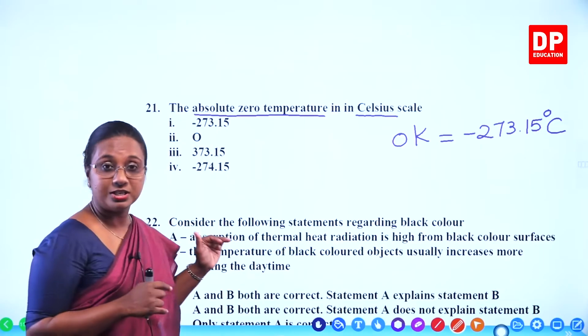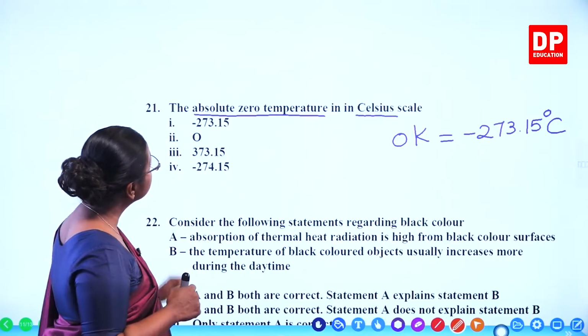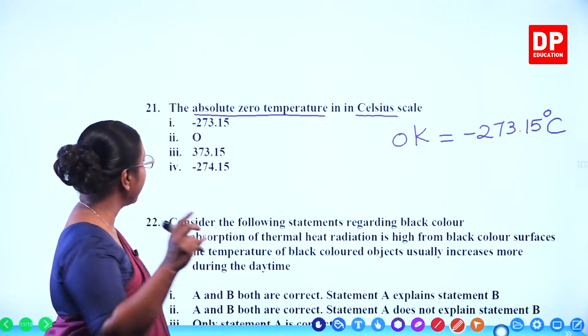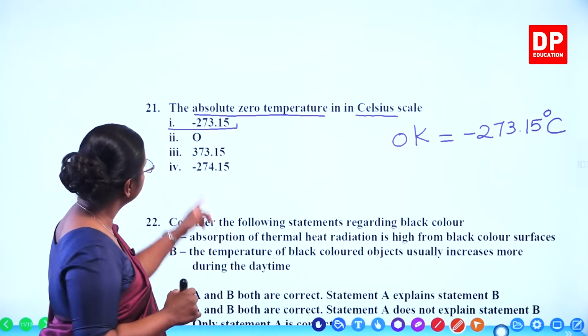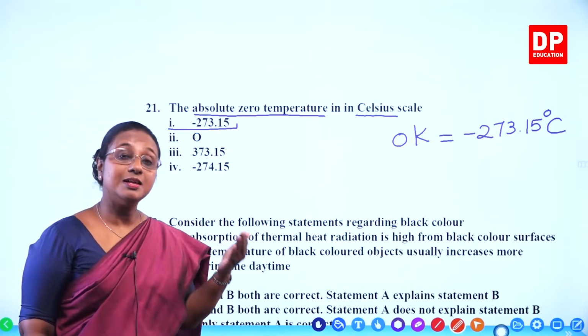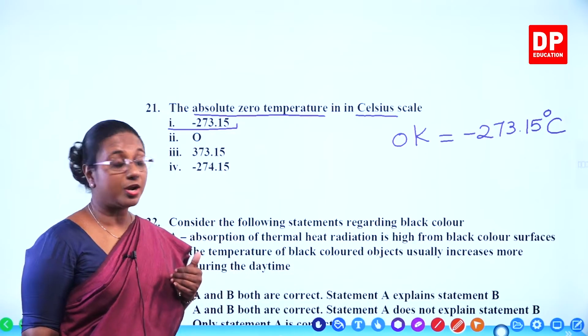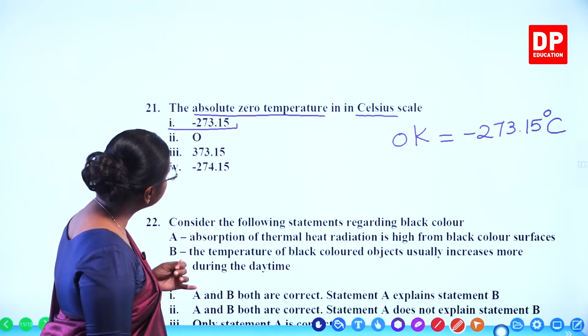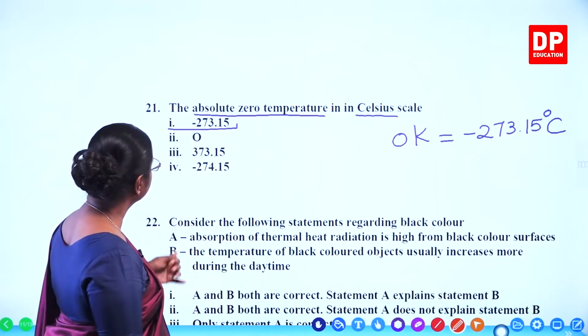So, if you look at the answers, here they have already mentioned Celsius scale, so the unit is not given. All these are in Celsius scale. Minus 273.15, that is the absolute zero temperature. 0 degrees Celsius, the melting point of ice, freezing point of water. Then 373.15, that is a very high temperature.